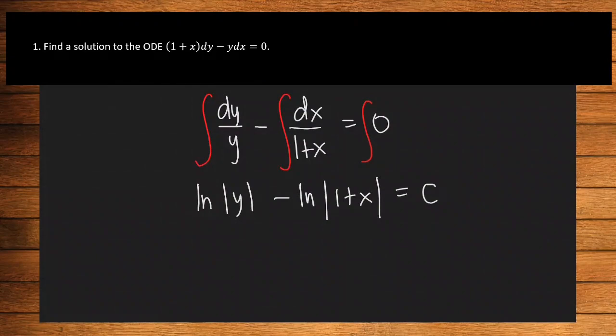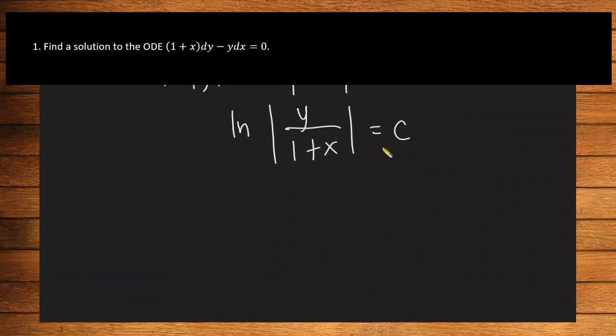So by the quotient rule of logarithms, this difference will be equal to the ln of y over 1 plus x. After this, we will just take the exponential of both sides of our equation to cancel the natural logarithm on the left side of our equation.